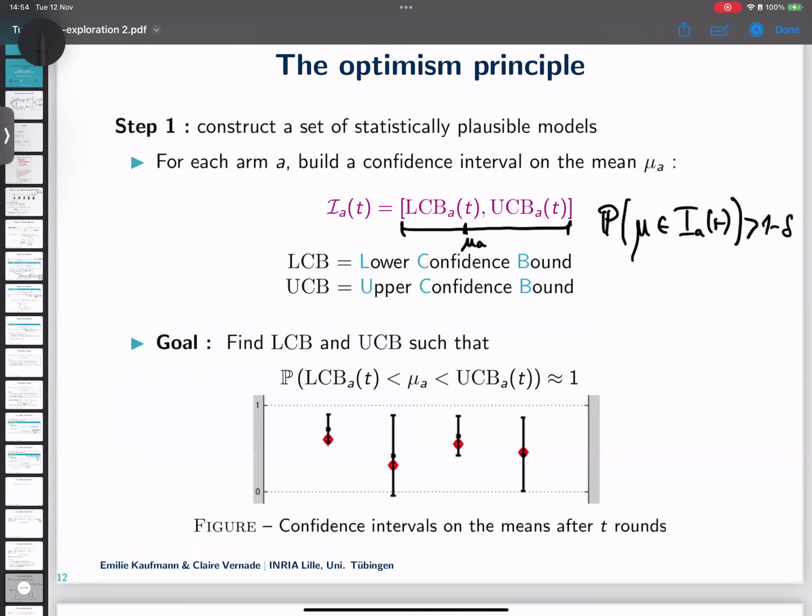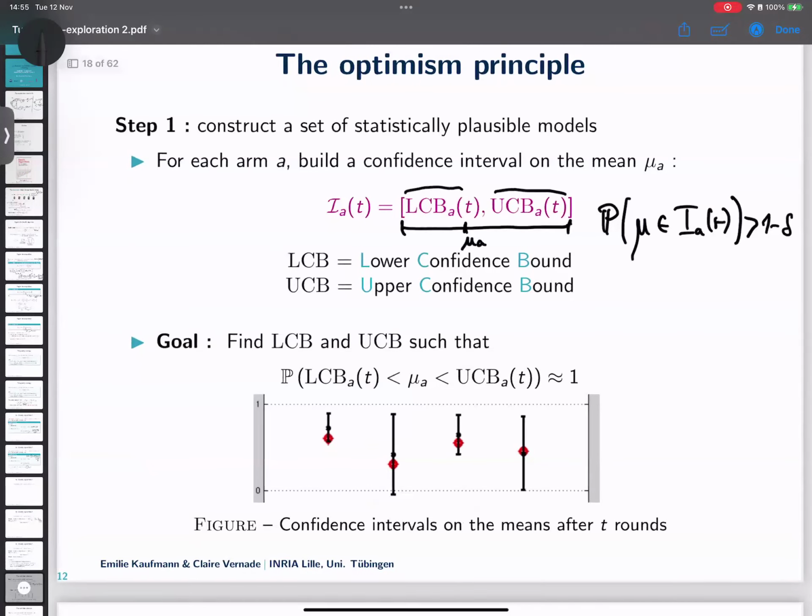We want to find functions like LCB, lower confidence bound, and UCB, upper confidence bound, the two extreme values of my interval. I want them to be designed in a way that I know the true parameter I'm trying to estimate is inside. So at a certain time t, I'm going to be able to estimate this.